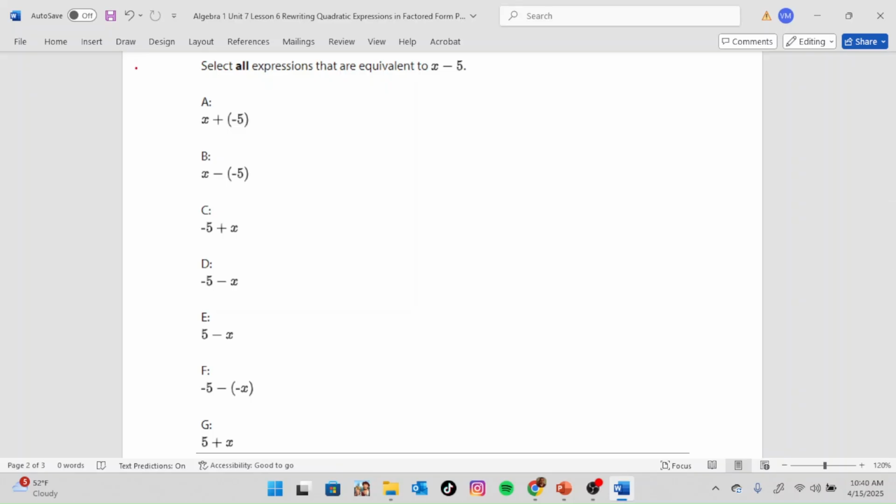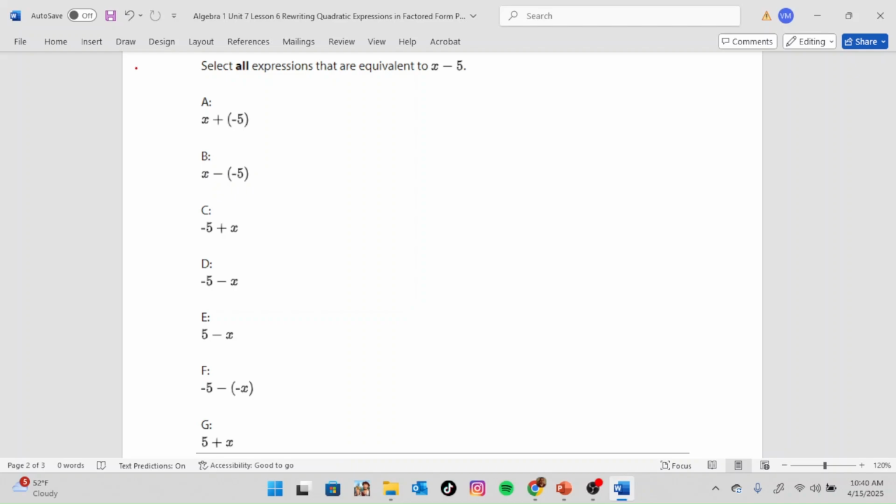Practice problem number 3 wants us to select all expressions that are equivalent to x minus 5. Now, something I want to point out here. We're taught a lot that the order of multiplication doesn't matter because 2 times 3 is also the same as 3 times 2.